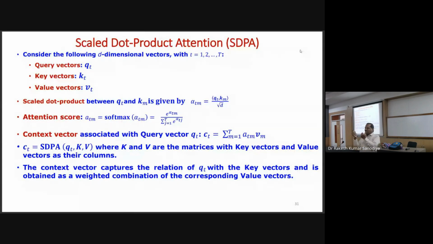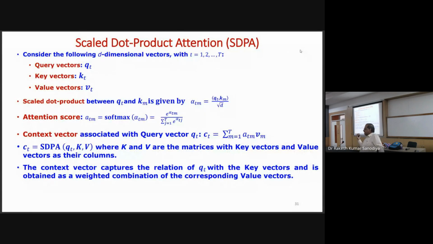We take the product of every pair of elements, multiply them and then add them. As the dimensionality of the vector changes, the value of this dot product can change, but I want the similarity measure to be independent of that dimension. That's why we divide that by the entity related to the dimension here. That's why it's called the scaled dot product. So basically, this scaled dot product gives us some kind of a measure of similarity between these two vectors.